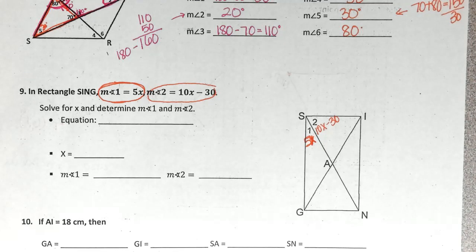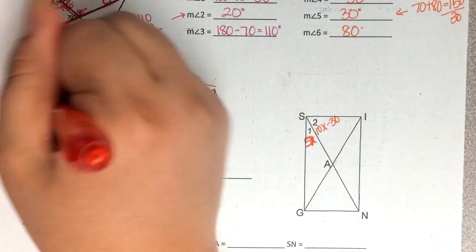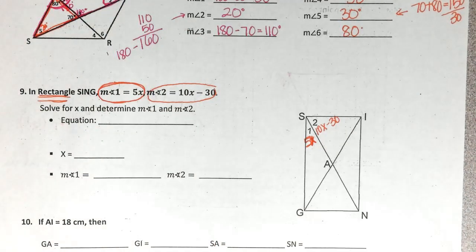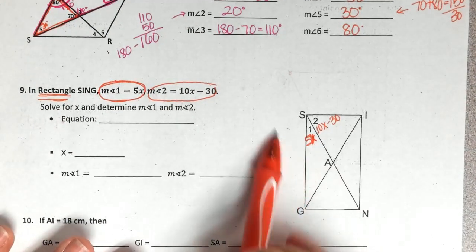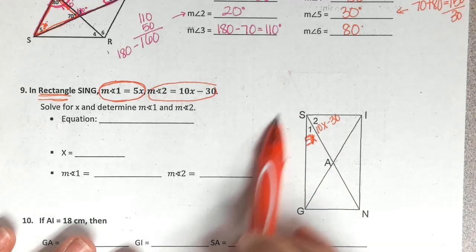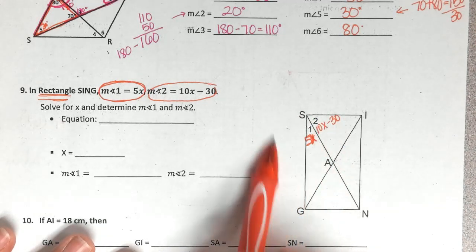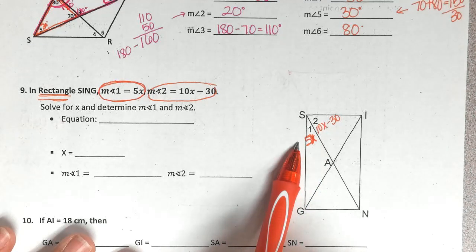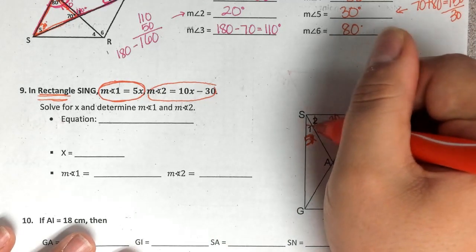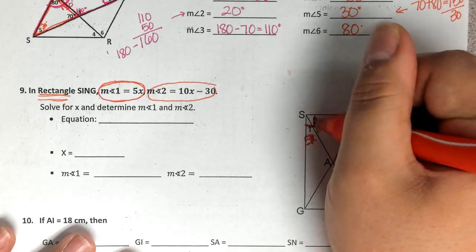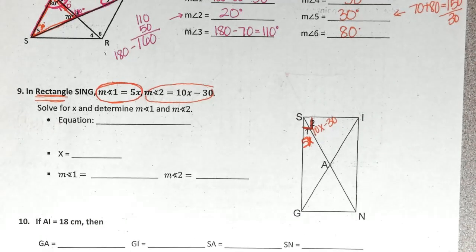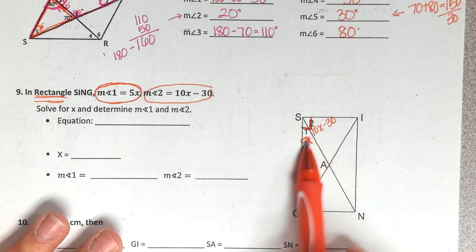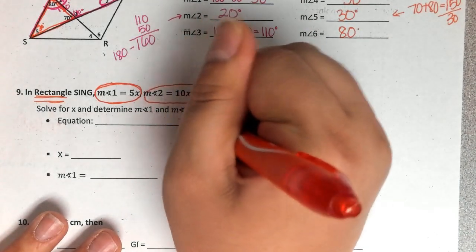What shape is this? It is a rectangle. So somebody besides Maya, what do we know about this angle right here in a rectangle? It's a right angle. So what does it add up to? Wait, did I say 190? You said 190. It's 90 degrees. So both of these together equal 90 degrees.